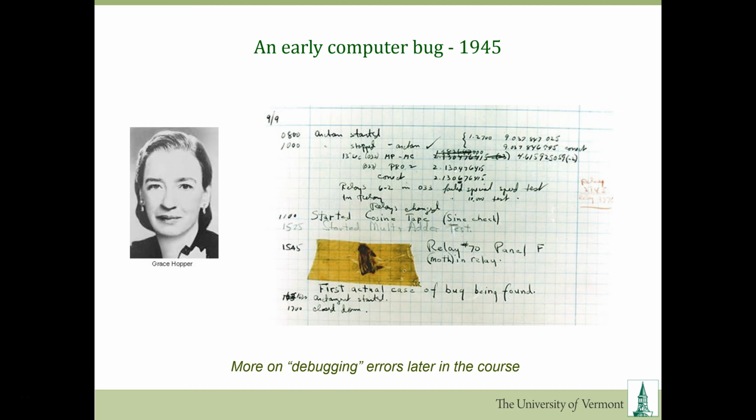When one of the mechanical relays stopped working, she went to the back of the relay panel, relay number 70 in panel F, and found a moth stuck in the relay, an actual physical bug. And so she wrote it into her logbook, first actual case of a bug. She was able to restart the machine and make everything happen correctly after that. More on debugging errors later in the course.